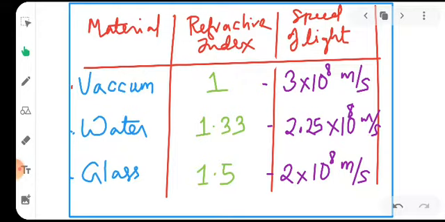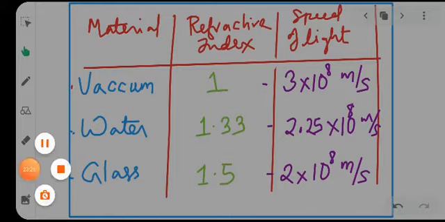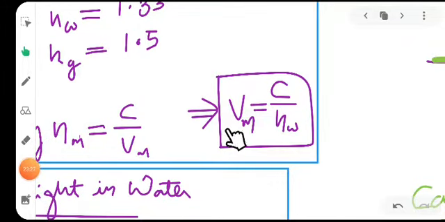And as you can see from our previous equation, the refractive index n was equal to the speed of light in vacuum over the velocity of light in the medium.